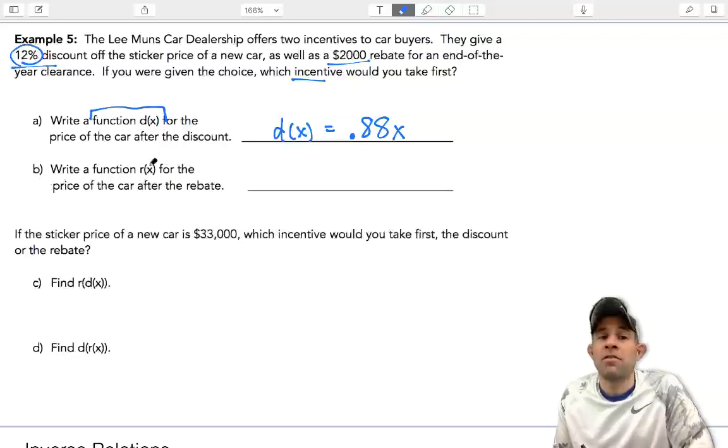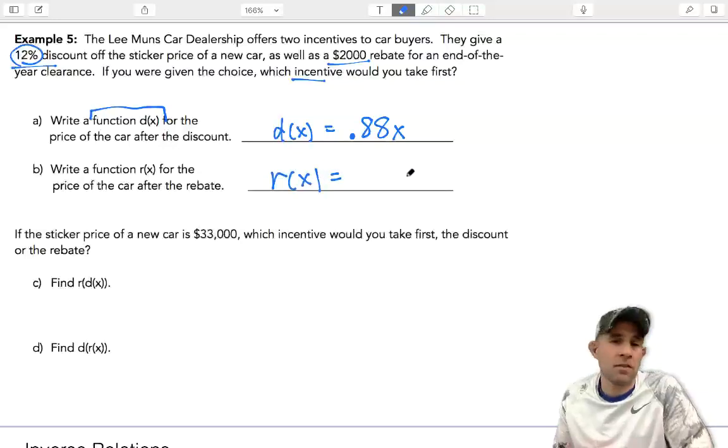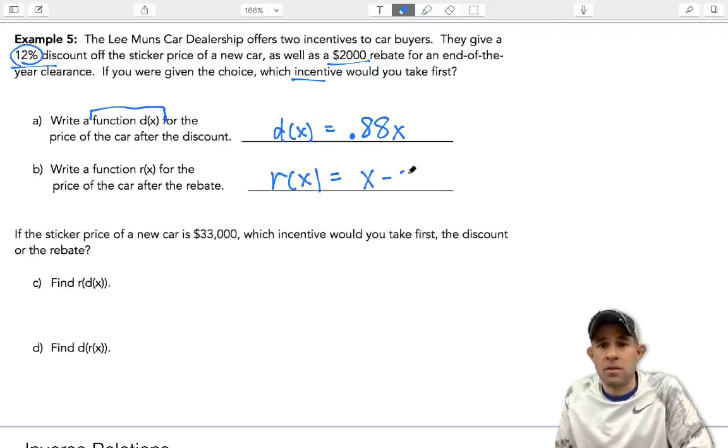All right, now let's write a function, r of x, for the rebate. Keep in mind here, x represents the sticker price. So the rebate would be our sticker price minus $2,000. All right, so here are two distinct functions based off of x, the sticker price of the car.